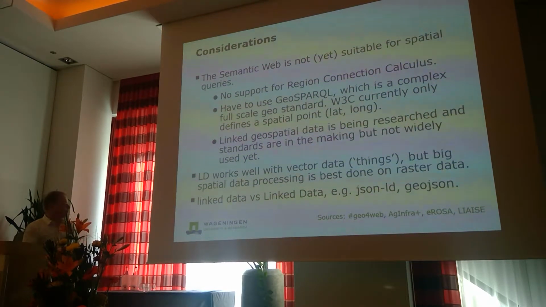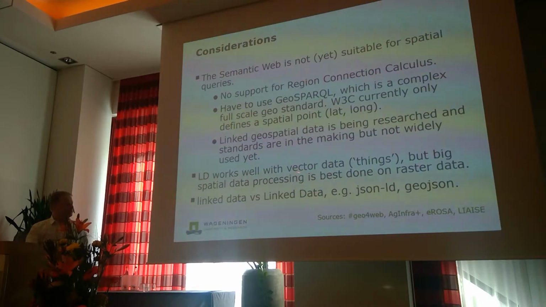There's also this interesting distinction between using vector data and raster data. So there are two different types of spatial data sets. Vector data is ideally suitable for translating into linked data, because you actually have points and lines and objects. Raster data is more like remote sensing data, so images, and you have these cells which do not translate very well into linked data at the moment.